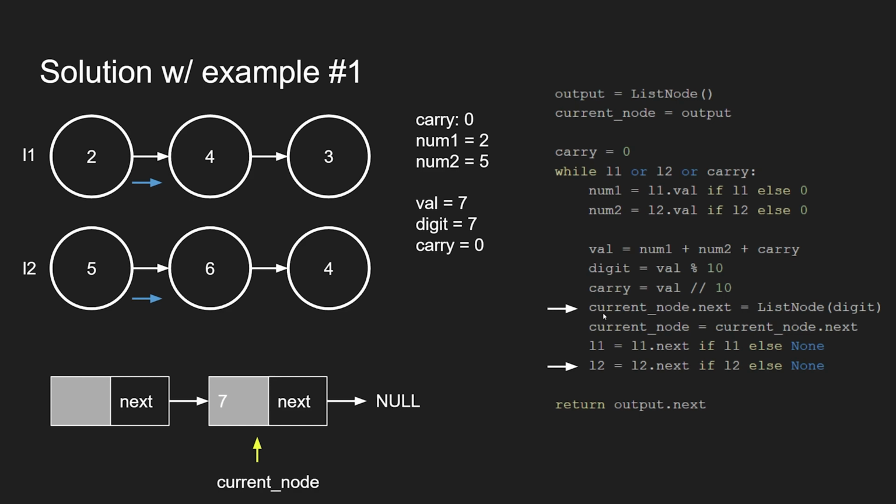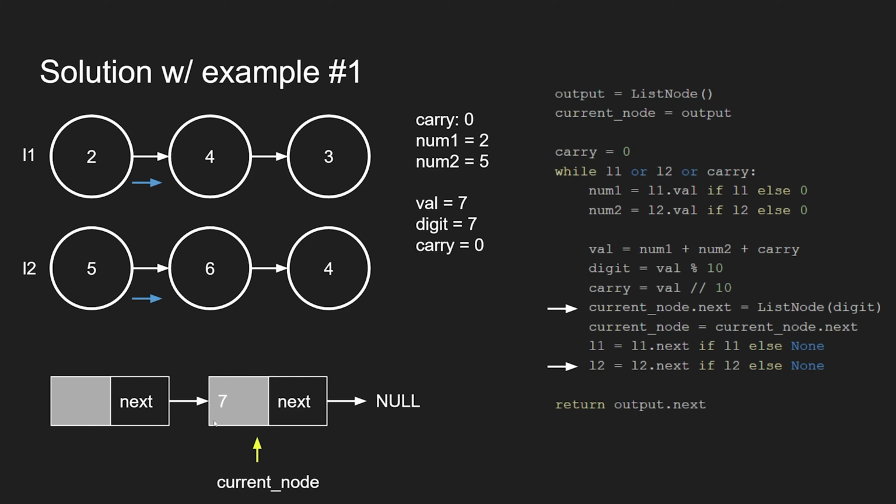So this line of current node.next equals ListNode(digit) creates a new node with the value of digit within it. So what that does is it creates this node, it adds a value of 7, and then this new node points to null. And then we move the current node to the newly created node, current node.next.